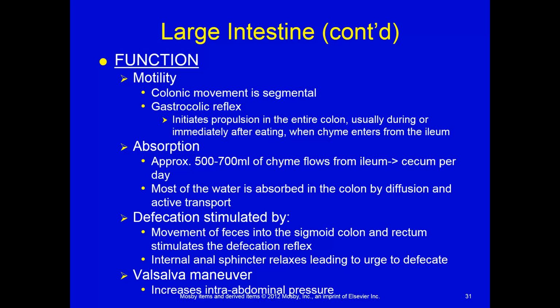Second, absorption. So approximately 500 to 700 mL of chyme flows from the ileum into that first part of the colon per day. Now, most of the water is absorbed in the colon by some of those things we talked about already, diffusion and active transport. But what's really interesting here is that I want to touch on this for a second.